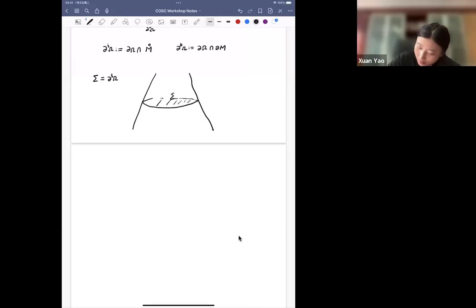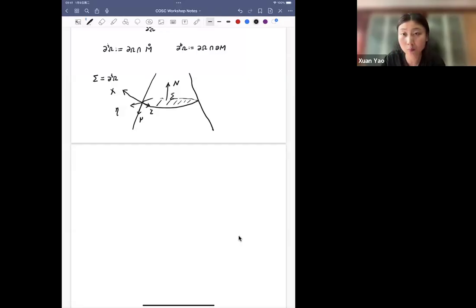This is our sigma, and the unit normal of sigma in M is denoted as n, and the unit outer normal of the boundary of M is denoted as X. The unit tangent vector of the boundary of sigma is denoted as tau, and the outer unit normal of the boundary of sigma in sigma is defined as eta, and the unit outer normal of the boundary of sigma in the boundary of M is defined as nu.